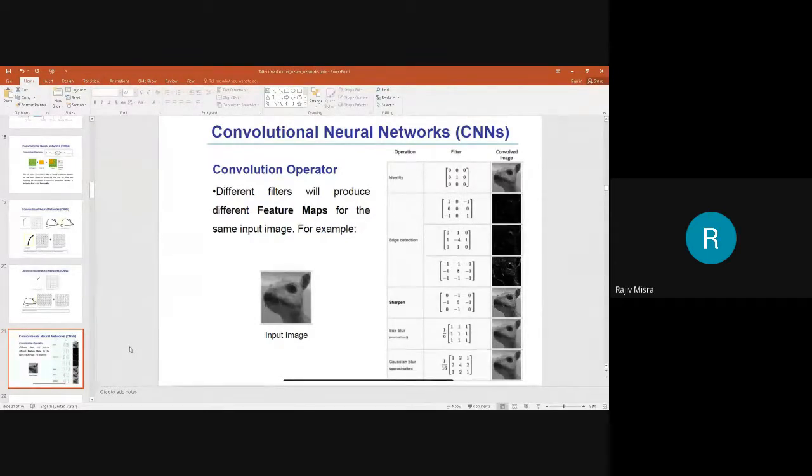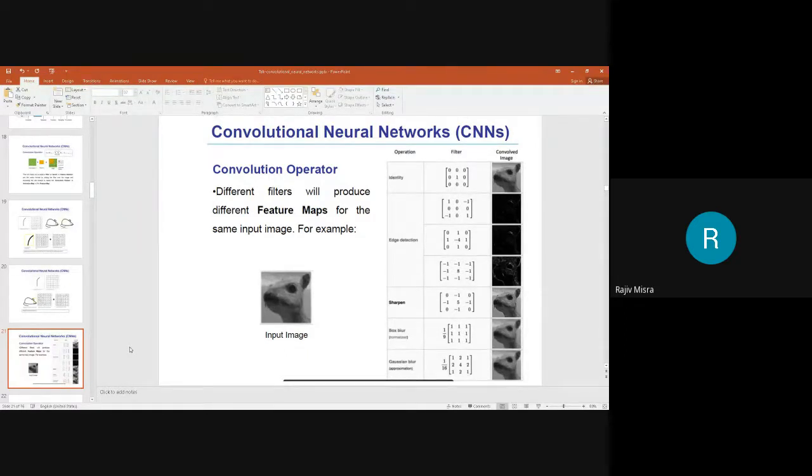There are 3 different edge filters given, and they will be able to identify the edges. Similarly, there is a filter called the sharpen filter, with 0, -1, 0, -1, 5, -1, 0, -1, 0. This is called the sharpen filter. When you apply it to this input image, you can see that all these features are sharpened.